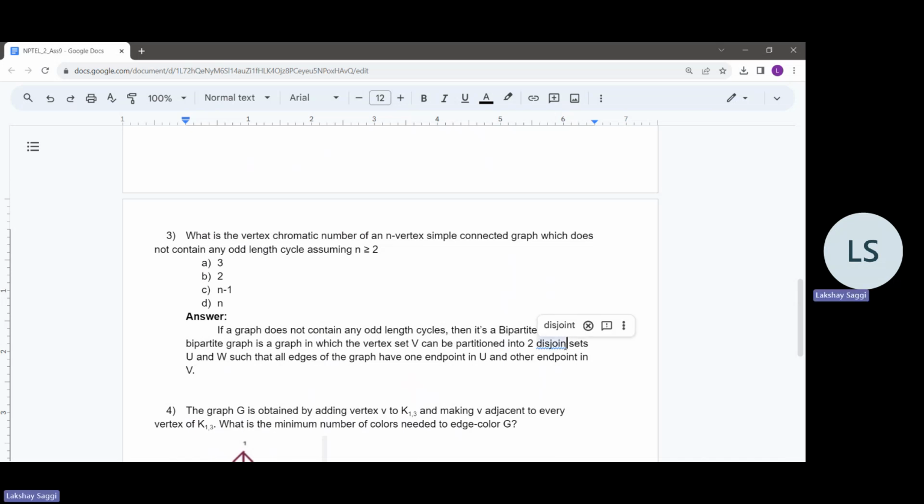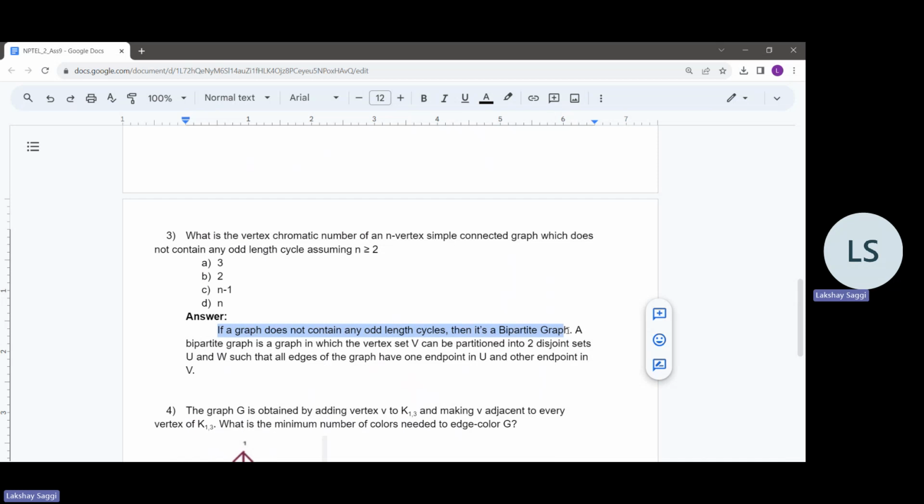So the definition for bipartite graphs is very simple. It may seem confusing with too much notation, but I'll show you one example of a bipartite graph and you will easily see what it is. The first claim, that if a graph does not contain any odd length cycle then it's a bipartite graph, I won't be showing you, but just assume it's a property.